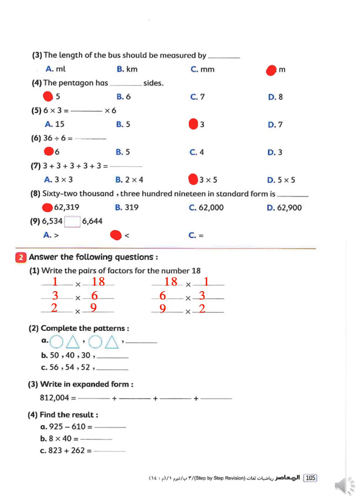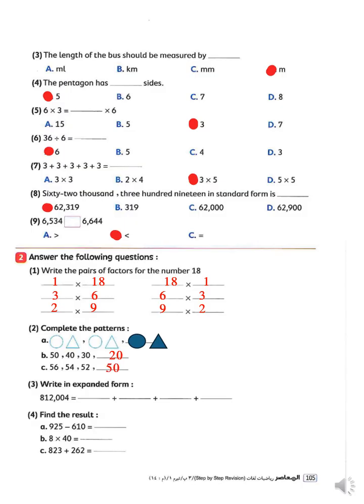Complete the patterns. Circle, triangle, circle, triangle. 50, 40, 30, 20. 56, 54, 52, subtract 2, 50.